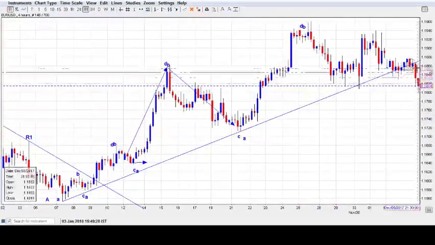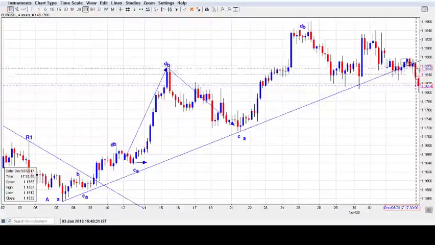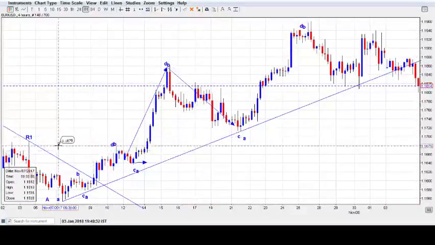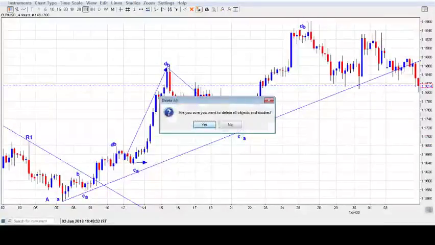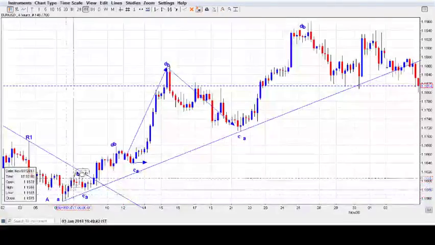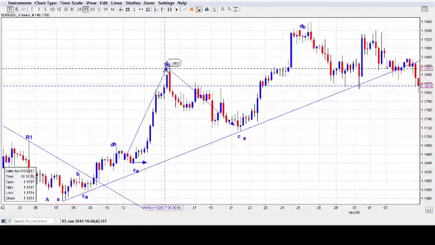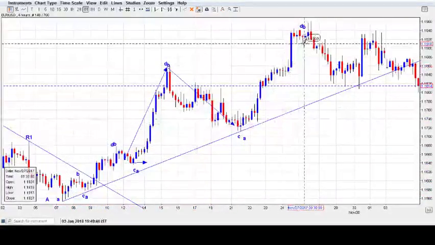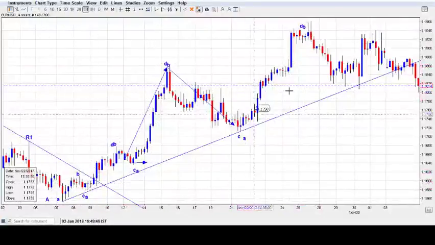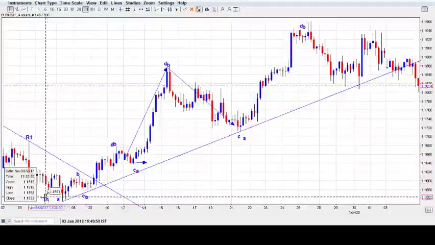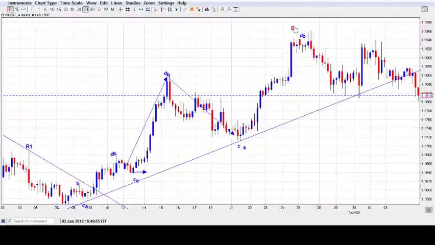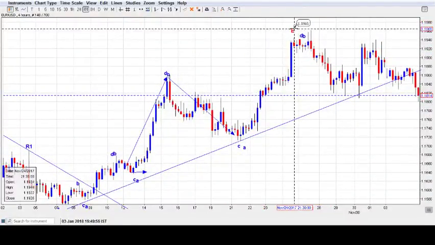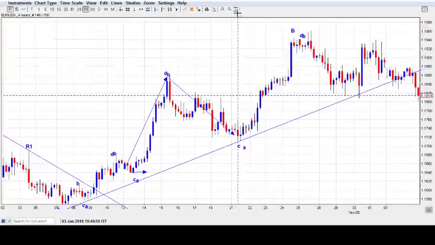So when the line breaks, all right, when the line broke here, what you could have done is this: small A, B, C, D, 1, 2 and 3 waves, three ABCDs, you would have changed it to one capital AB, okay?